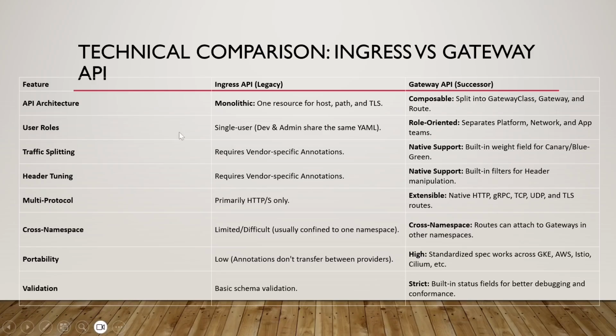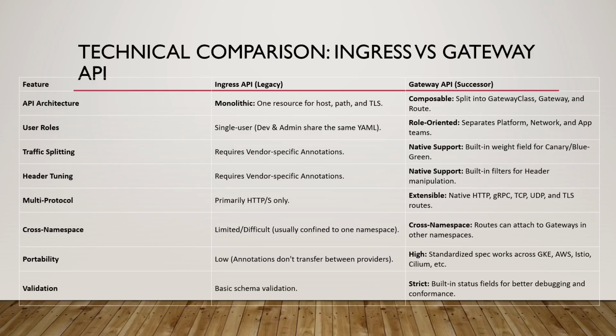Here Ingress supports HTTP and HTTPS only, but Gateway API natively supports HTTPS, gRPC, TCP, UDP and TLS routes, and more.